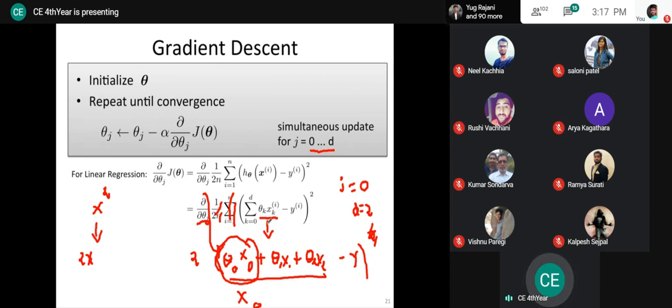Fine. What about this second term? If you assume these are constants with respect to this theta 0, then for all these values, the answer will be 0.